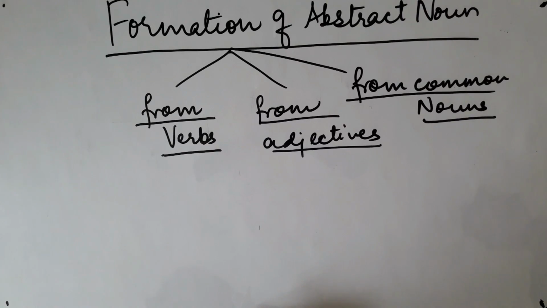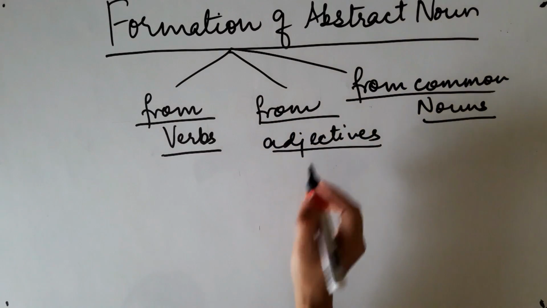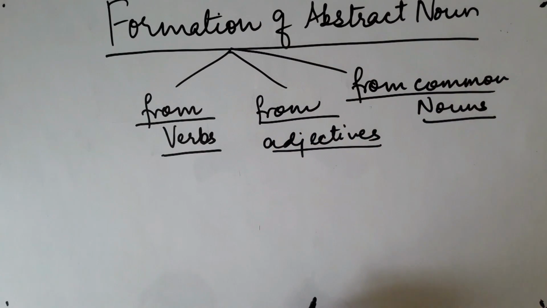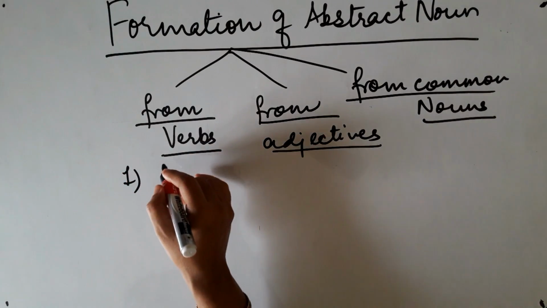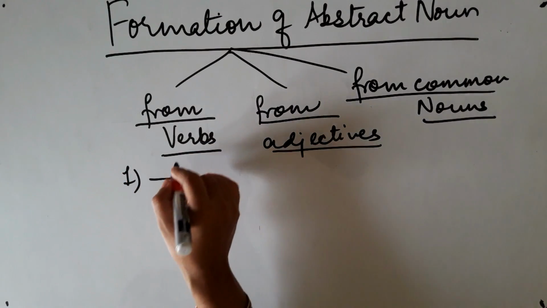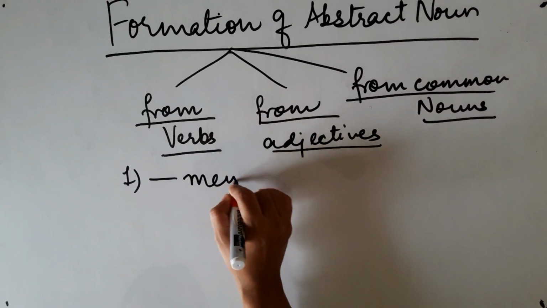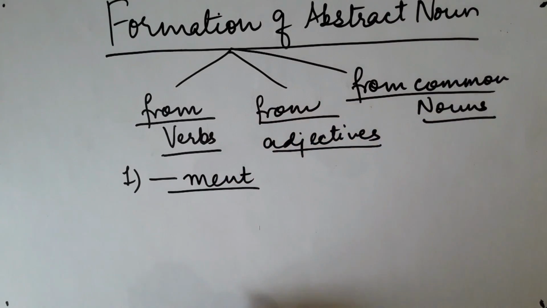First, let us take this, how we can change verbs form into abstract noun. The first way to change it is by adding ment to the verbs.